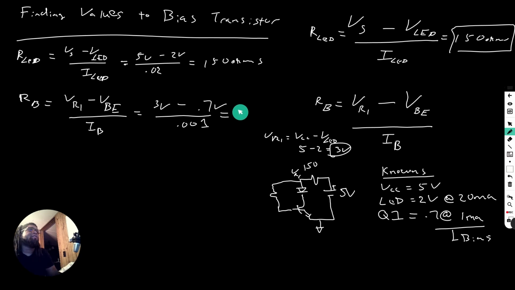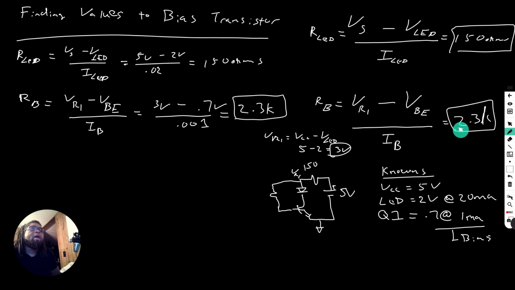That gives us 2,300, or a 2.3K ohm resistor. Okay, so now we have that value. Now I'm going to switch over to EveryCircuit, and we're going to simulate this thing to show you how this actually works.